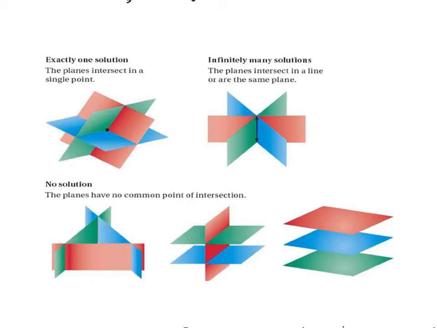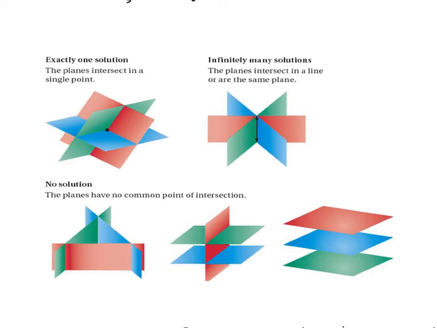Or we can have the planes interacting in such a way that there is no unique combination of all 3 of them, where we can have either 3 parallel planes and there's no solution, or these 2 planes are intersecting independently with this one, so there's no unique combination, or this one here. So anyway, it's the same situations with 3 dimensions as in 2 dimensions. We can have exactly one solution where there's one unique point of intersection, infinitely many solutions where the solution is a line, or no solution.